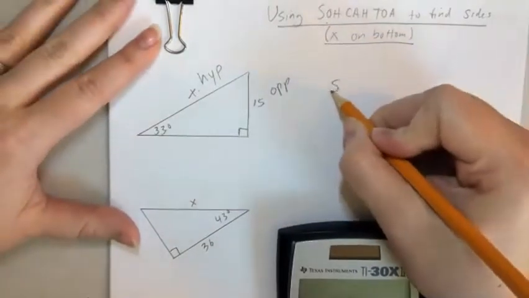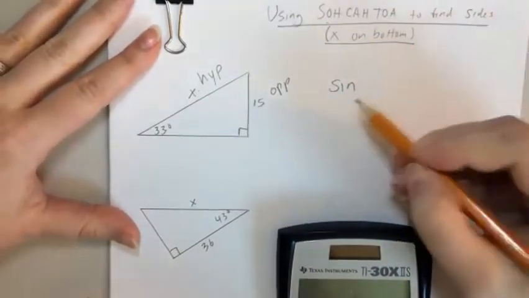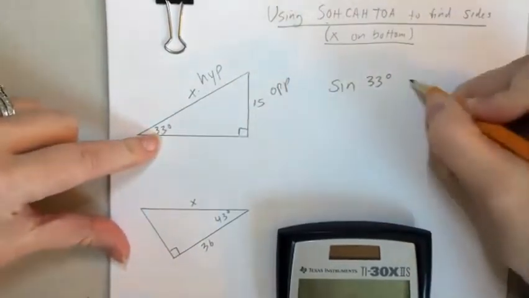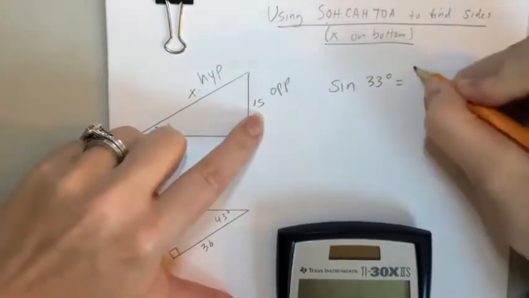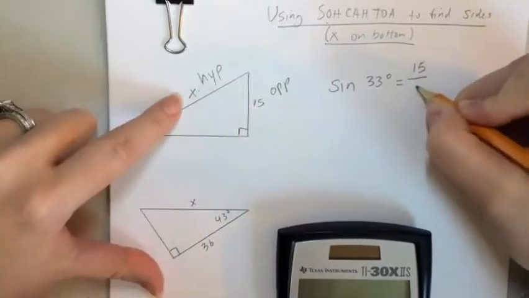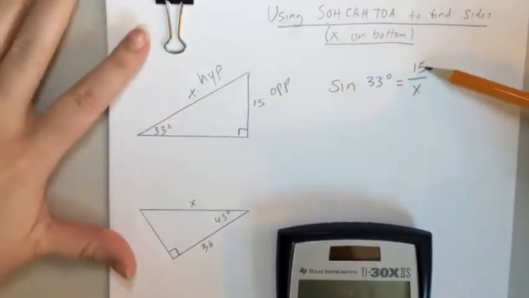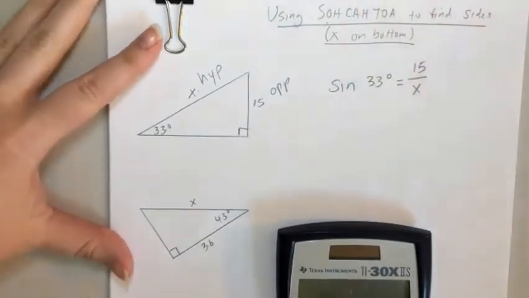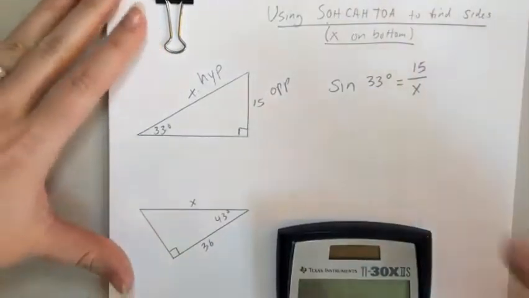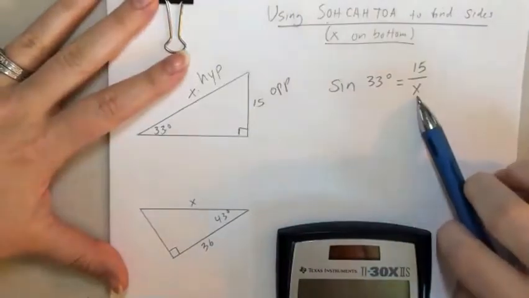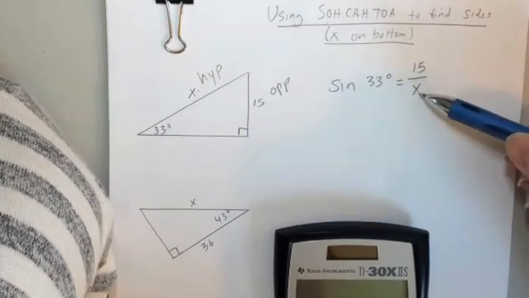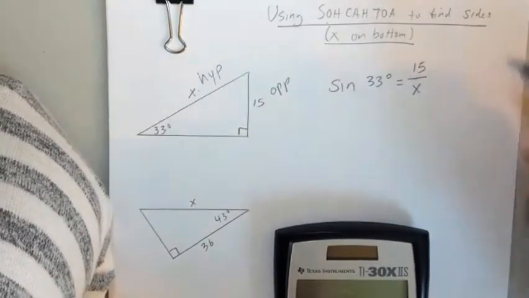So I'm going to start by writing my equation, just like the last examples. Sine of my angle, 33 degrees, equals my opposite over my hypotenuse. And be careful, in this case, you should end up with X on the bottom. I'm going to switch colors here just to show you what happens next. Because I have X on the bottom, in order to solve, I need to get rid of having X in the denominator of this fraction.